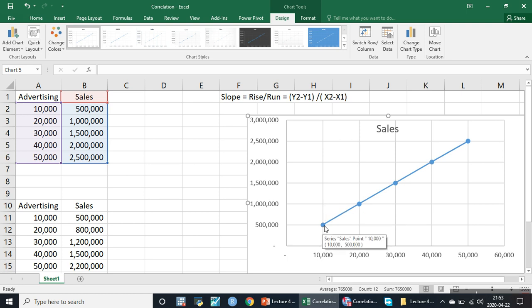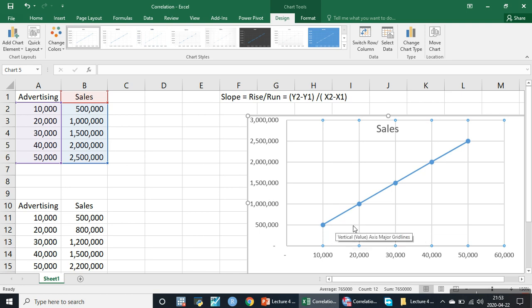The value of x-axis changes from 10,000 to 20,000. Similarly, the value of sales changes from 500,000 to 10,000. So this is the slope. This indicates the slope, rise over run.